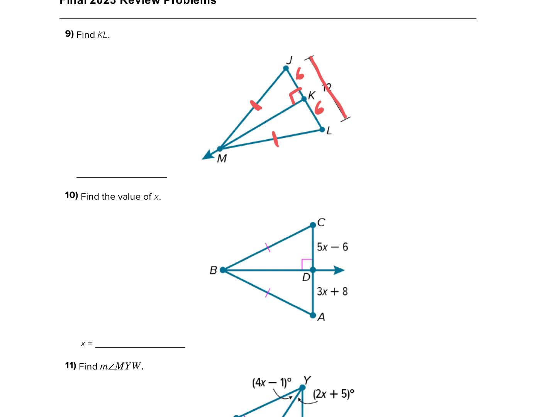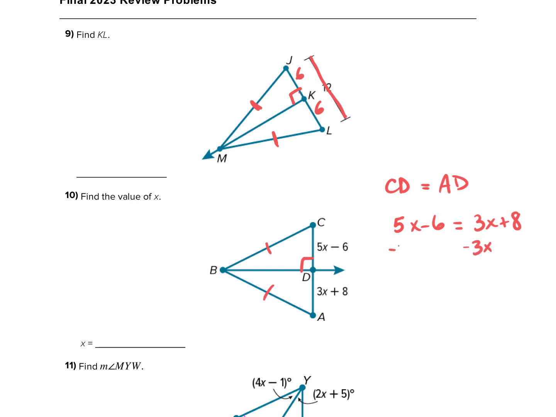Similar situation here. Congruent sides, I got the right angle, so I have a perpendicular bisector. That means CD is equal to AD. So to solve for x, we just have to do 5x minus 6 equals 3x plus 8.